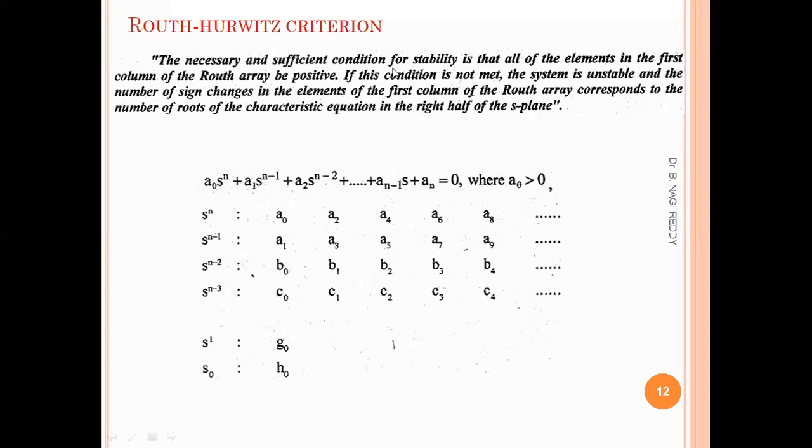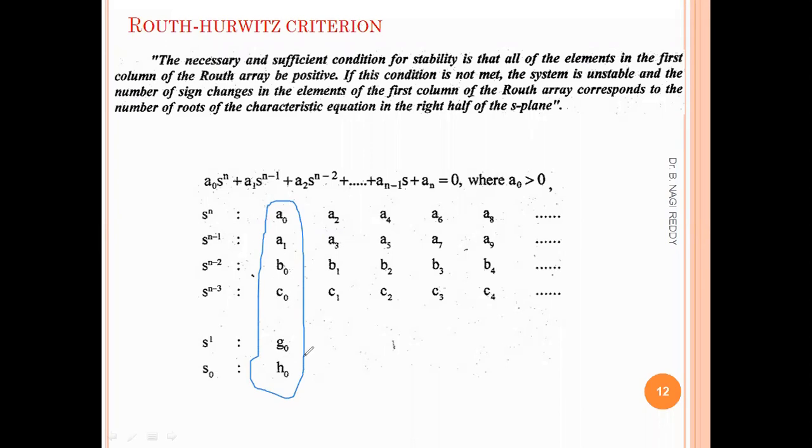So what this condition says is that all of the elements in the first column of a Routh array must be positive. Of course, this matrix is simply called a Routh array. See here we have different coefficients: A0, A1, B0, C0, and so on, up to G0, H0.